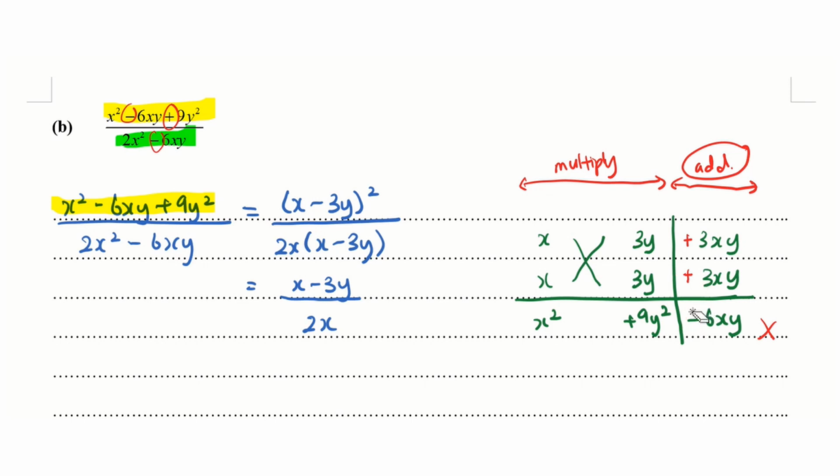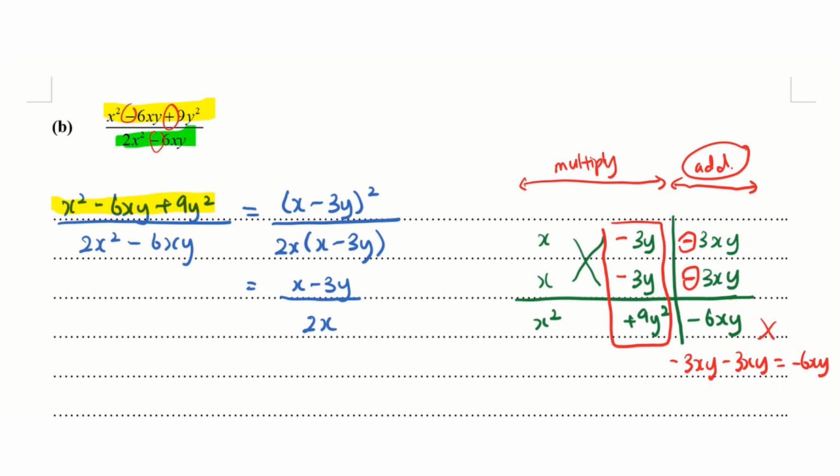In order to get a minus 6xy, I should have minus 3xy and minus 3xy, because only when minus 3xy minus 3xy will it give me a negative 6xy. Hence, if I choose to have minus signs over here, I should have minus signs over here. And this is consistent because minus 3y times minus 3y will give me plus 9y squared.